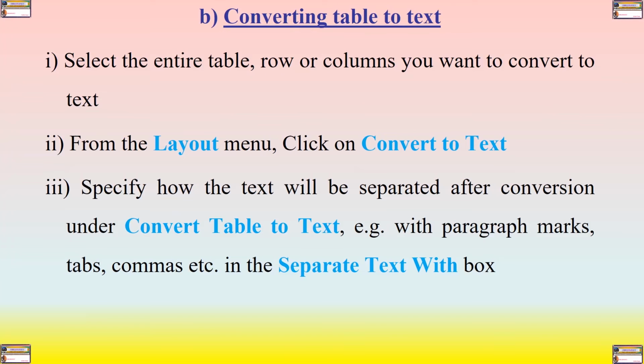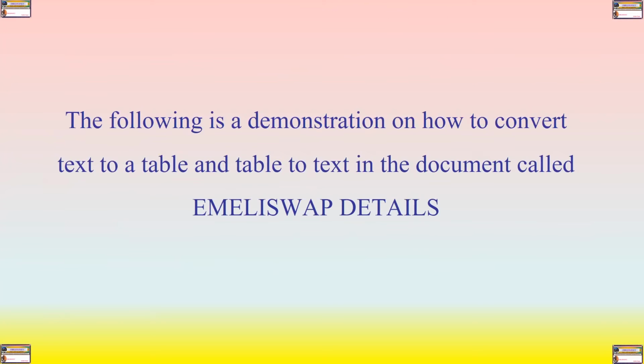For example, with the paragraph marks, tabs, commas, etc. in the separate text with box. And then you click OK. So the following is a demonstration on how to convert text to a table and table to text in our document called MD Swap Details.